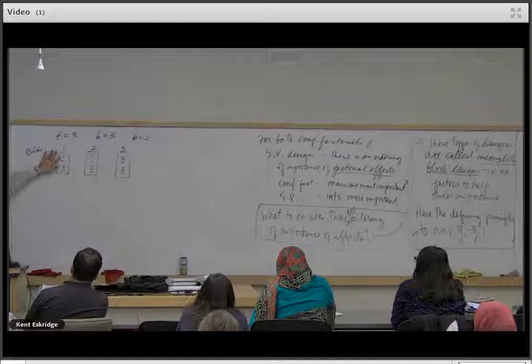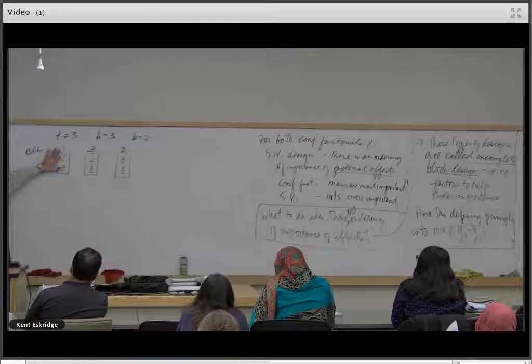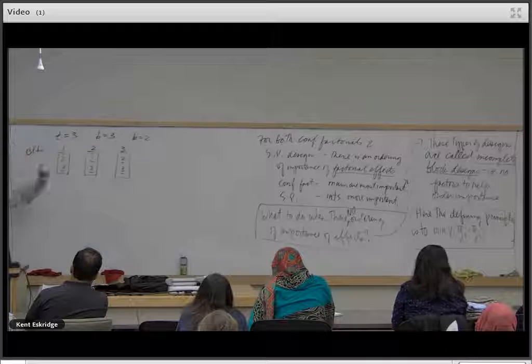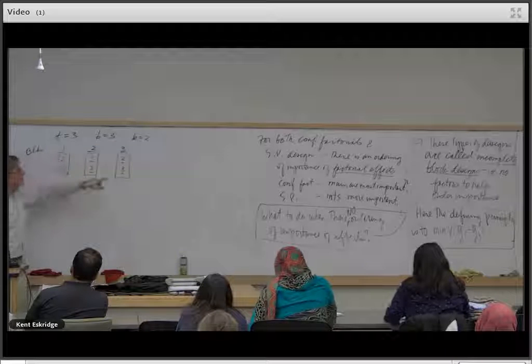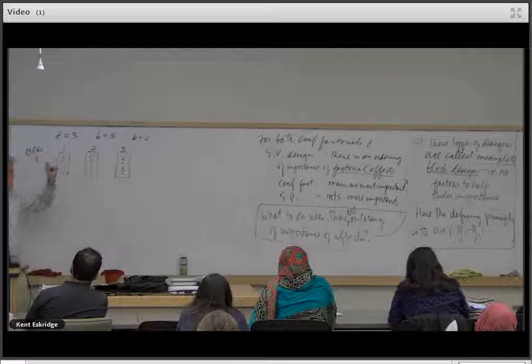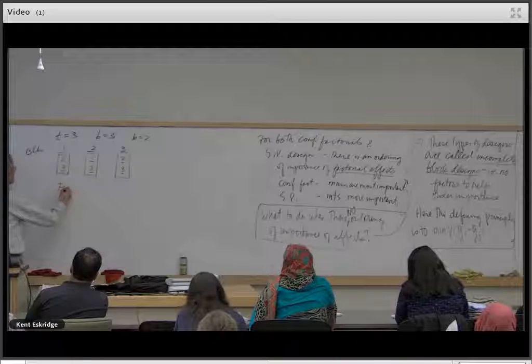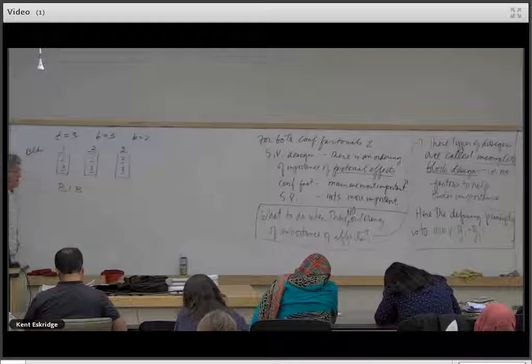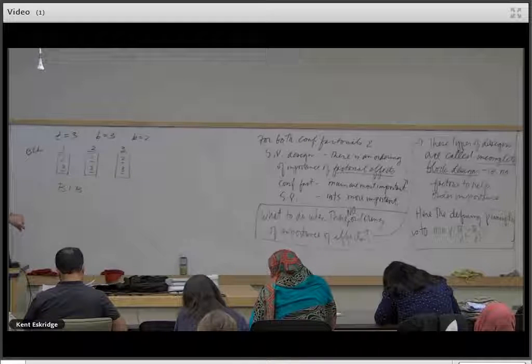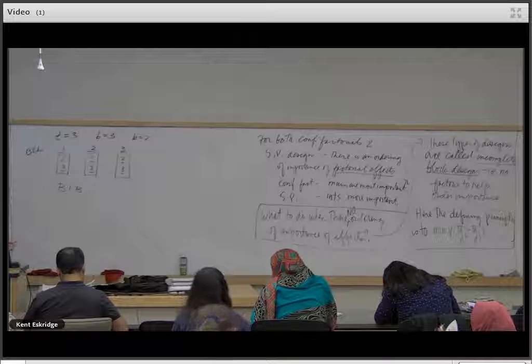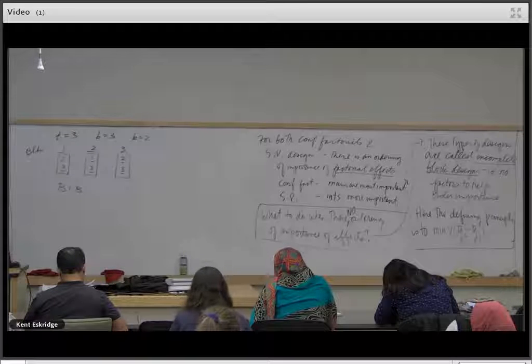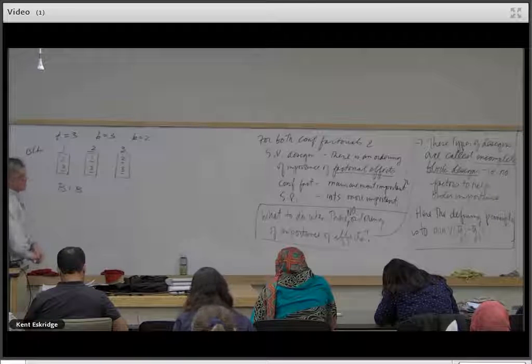It's the number of times that each treatment is with each other treatment in a block. 1 is with 2 exactly once. 1 is with 3 exactly once. 2 is with 3 exactly once. This is called a balanced incomplete block design. And I'll stop here, and we'll continue talking about incomplete block designs next time.